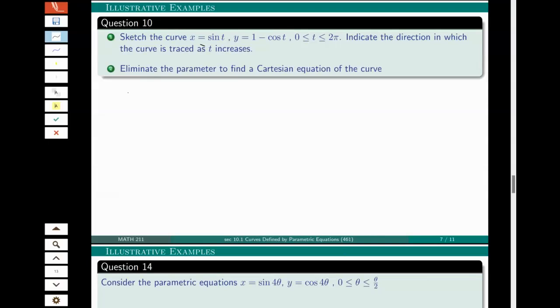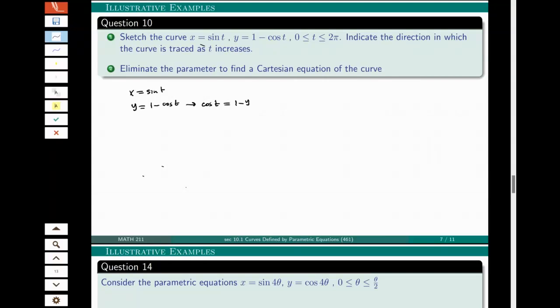Another way to sketch the graph, we have x equal to sine t, and y is equal to 1 minus cosine t. So we can say cosine t is equal to 1 minus y.